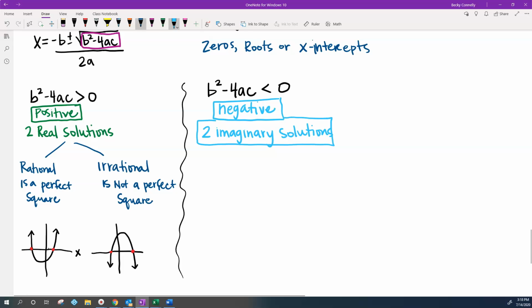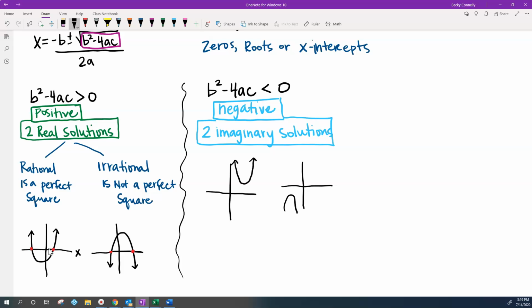But then some people are like, well, what does that mean? How do I relate that to what's going on with a graph? Well, if they're imaginary solutions, then they're parabolas that are just kind of floating. They never cross that x-axis, right? So they're either a right side up parabola floating above the x-axis, or an upside down parabola that's floating below the x-axis, right?